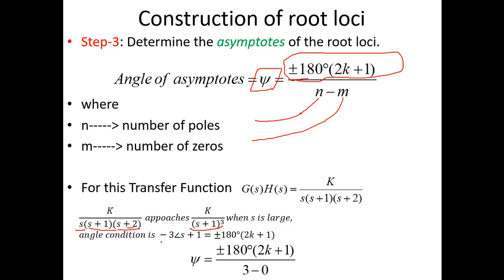So the angle condition is 3 times the angle of s equal to plus or minus 180 degrees. This is the same angle condition that we used previously.